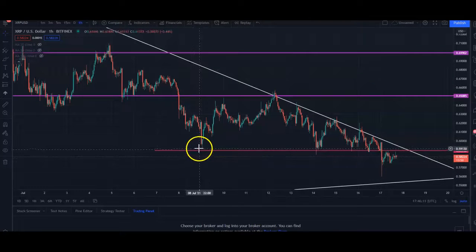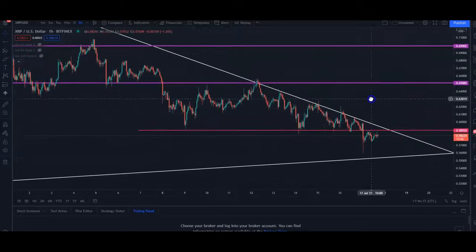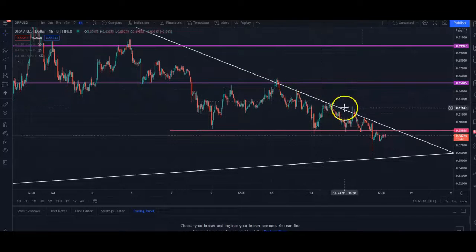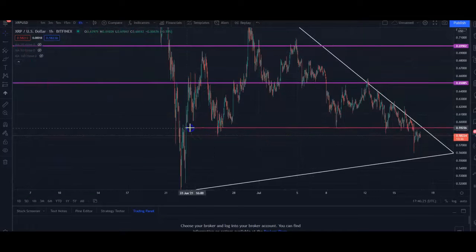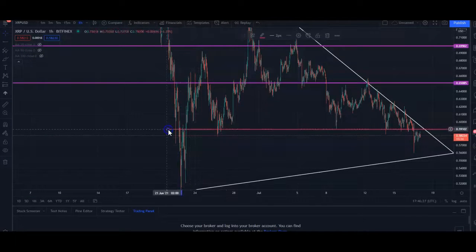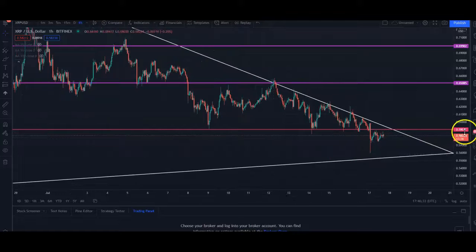So as you guys can see here, this is a good example. Price has been rejecting off of the daily downtrend, and then we created a support area. Price action created a support area around 59 cents.